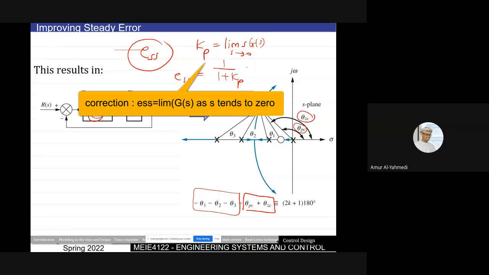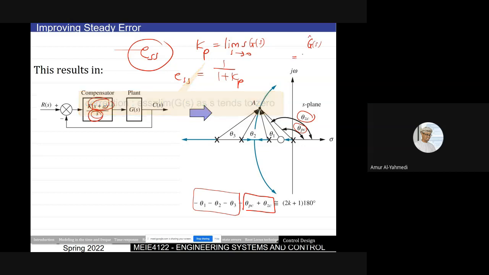تمام؟ الحين إذا أضفت أنا pole at the origin, so my new G of S, this is my new G of S, equals to 1 over S times G of S. Okay. What is Kp in this one? The new Kp will be what? The limit of G hat times S, S tends to 0.